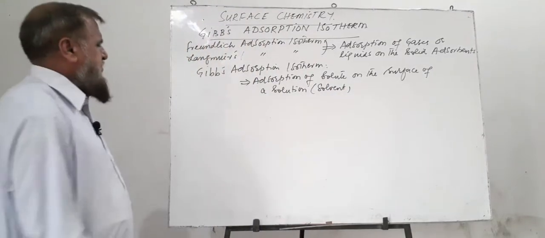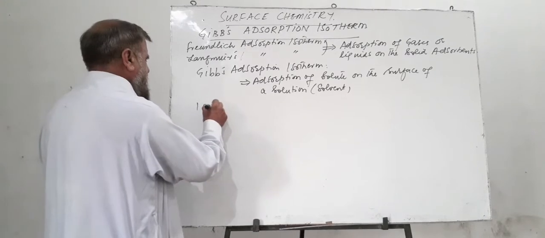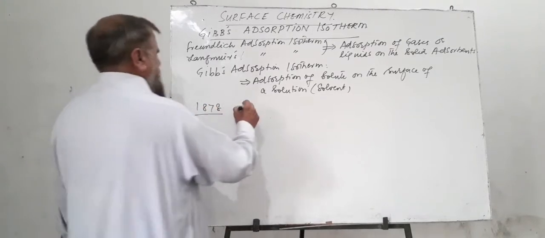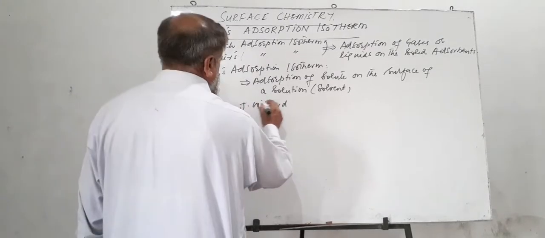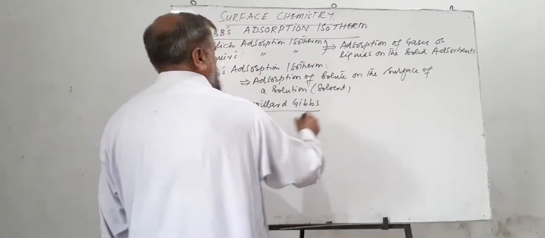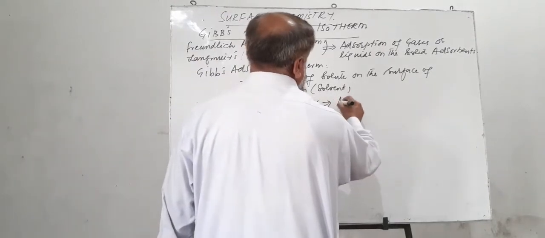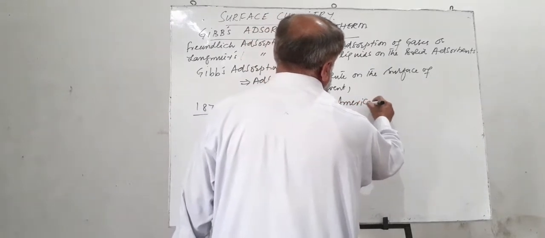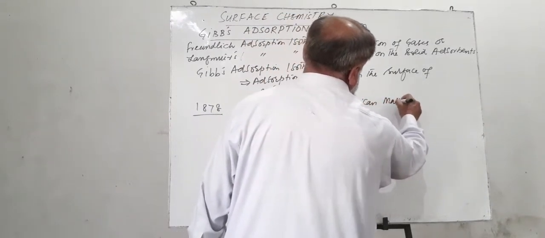This isotherm was proposed in 1878 by J. Willard Gibbs, who was an American mathematical physicist.